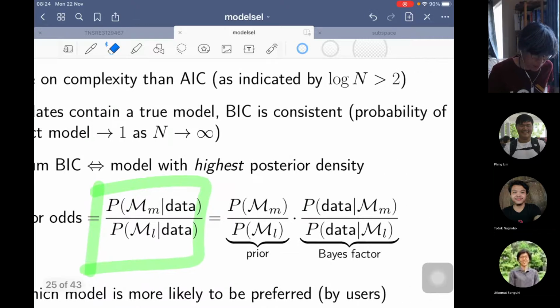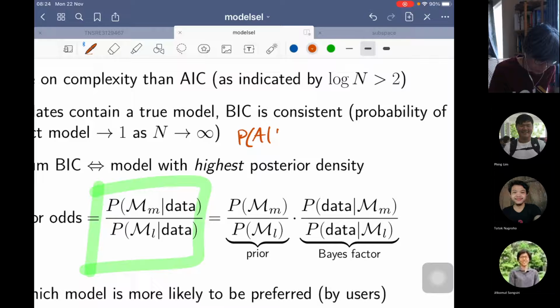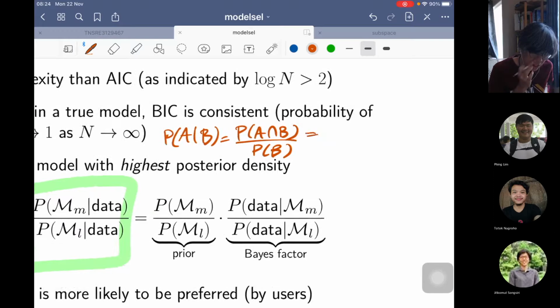Now this posterior odds, if we use the Bayes theorem, which everyone knows: probability of A given B is probability of A and B divided by probability of B. The Bayes rule is a way to write this in another form.